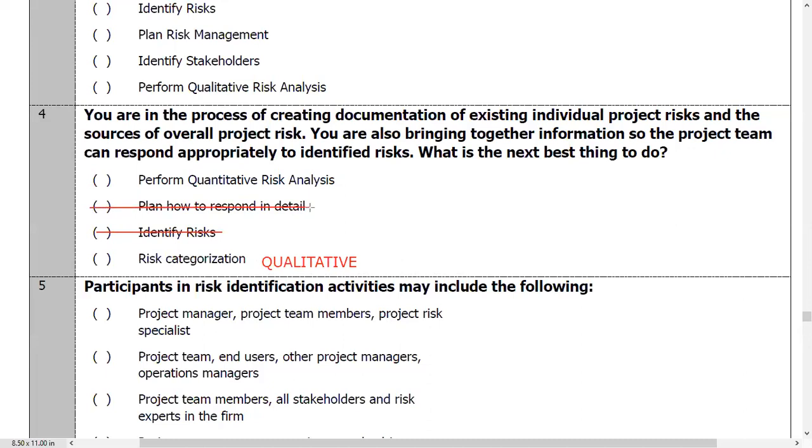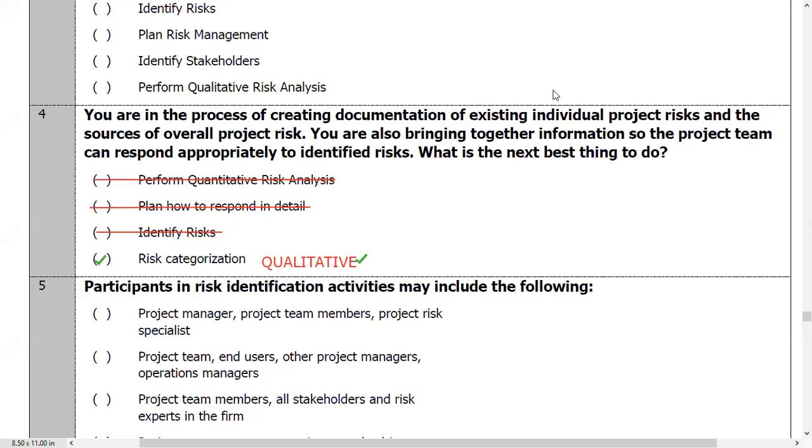That would be a nice thing to do, but it's not the immediate next thing you do after identifying of risks. Perform quantitative is also something you need to do in the future, but it's not the better of the options. The best of the options is right here, risk categorization, because that is what you do in perform qualitative risk analysis, which is the next process.